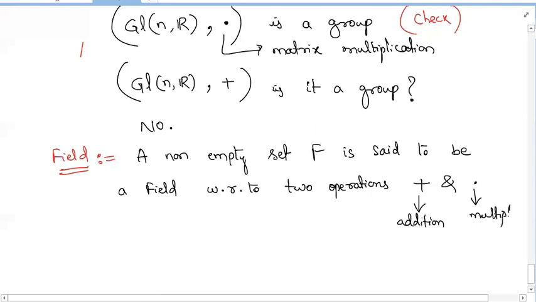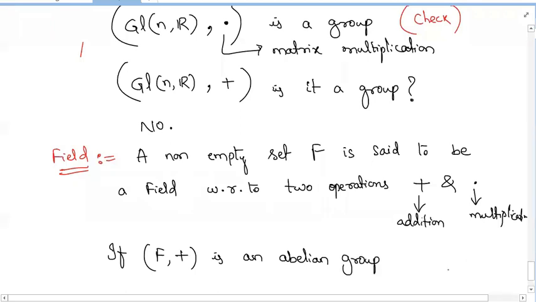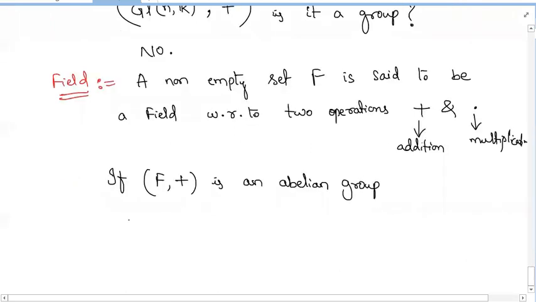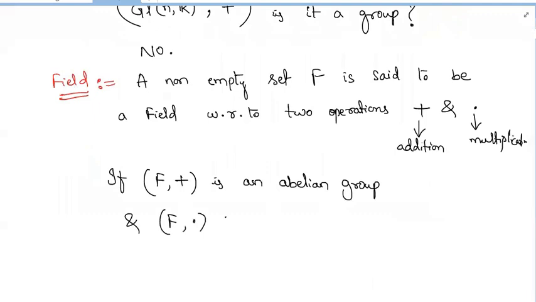When you say it's (F, +, ·), (F, +) is an abelian group with respect to addition. And (F, ·) should also be abelian with respect to multiplication, on F minus 0. Here, what is 0? 0 means the additive identity.